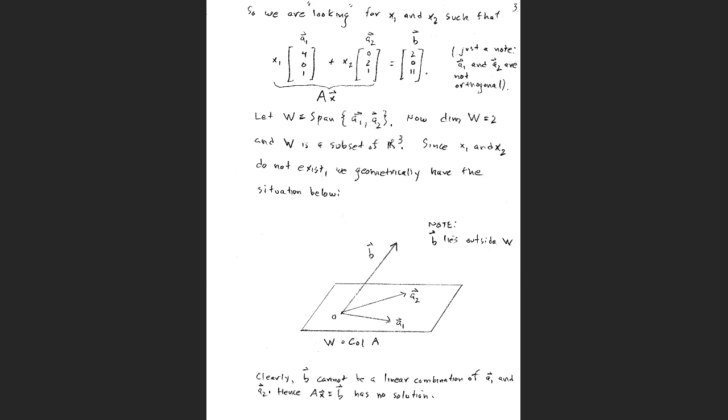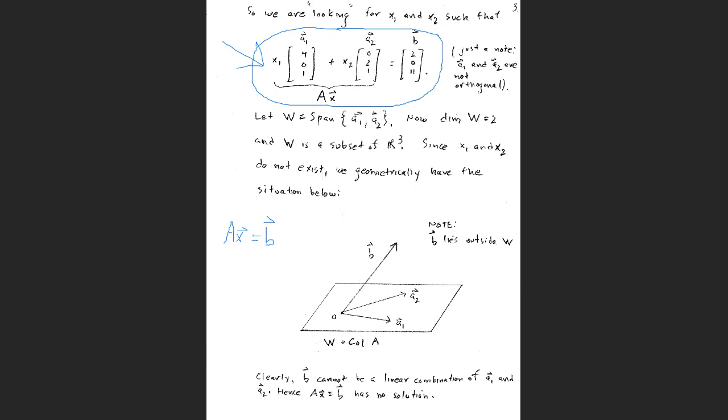Okay, so again, we were trying to solve our system A times X equals B. That system of equations as a vector equation was X1 times column vector A1 plus X2 times column vector A2 equals the vector B. Well, this vector equation had no solution.